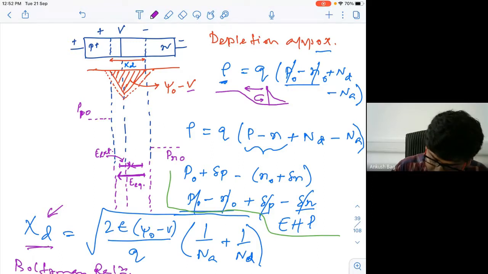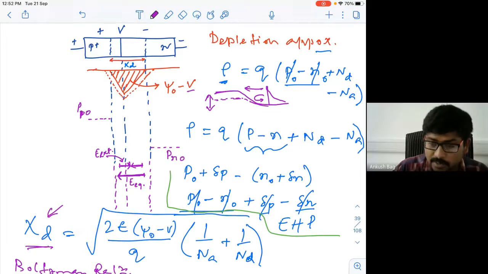Now due to this forward biasing, what is happening? This barrier is reducing. So now it is reduced to here. For this, what is actually happening?